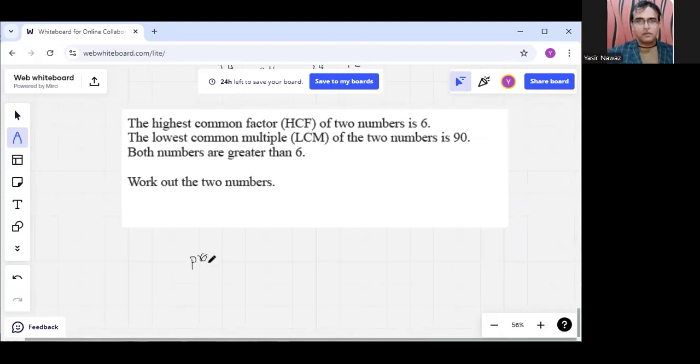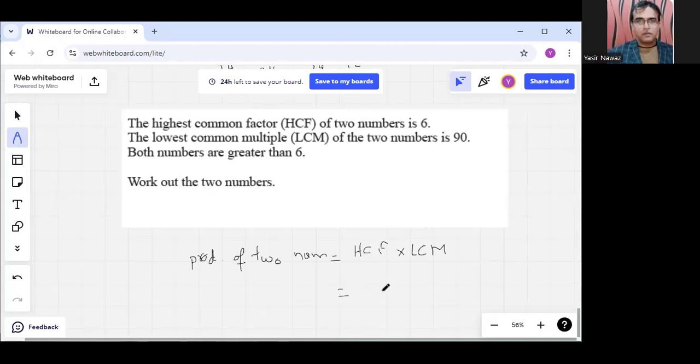So the product of two numbers is equal to HCF multiplied by LCM.